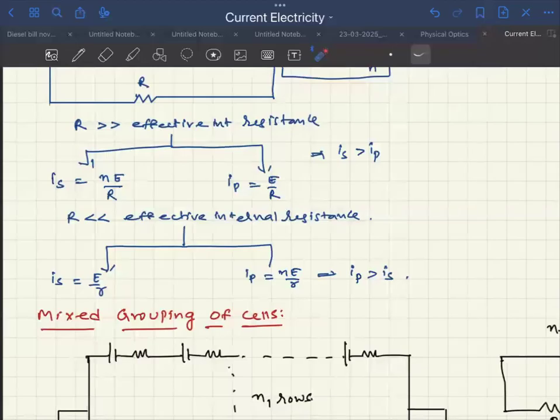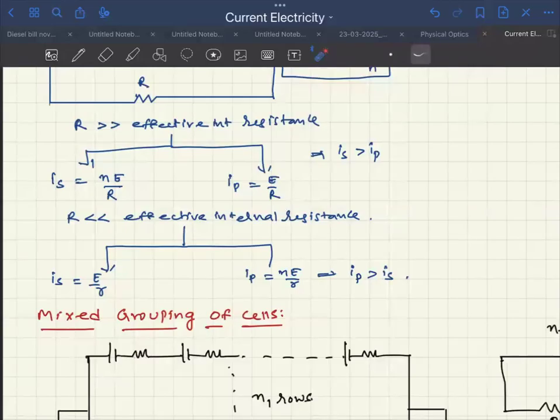If the external load is very small when compared to the effective internal resistance, for maximum current, prefer parallel. These are the options we have, and usually for household purposes, when you are using an inverter, the usage is done according to these statistics.